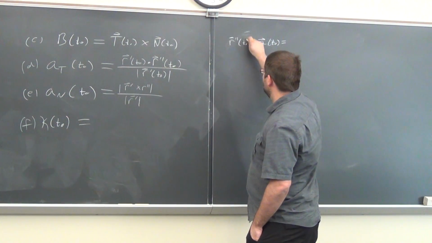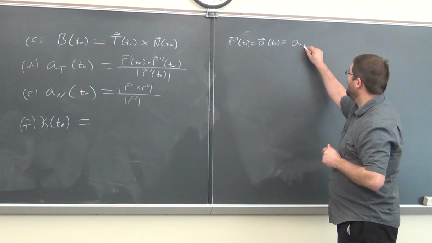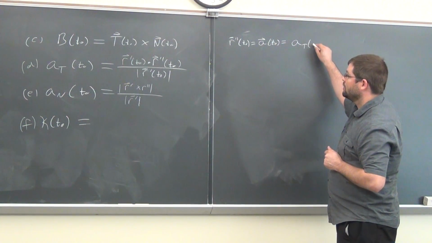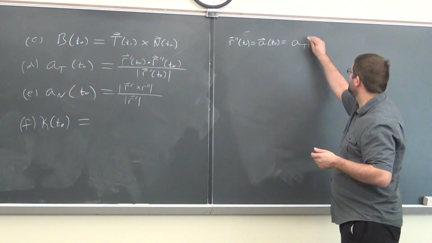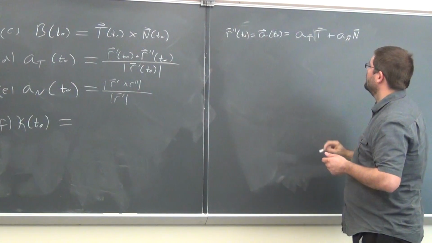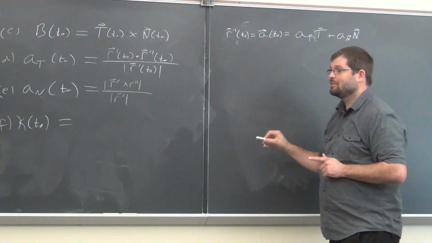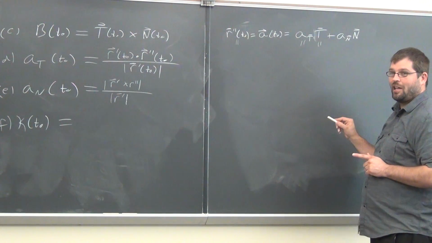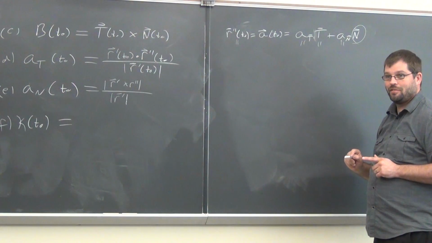And then the formula is A sub T times T plus A sub N times N, all at T naught. You know this and this now. You know this, so you can find that. Does that make sense?